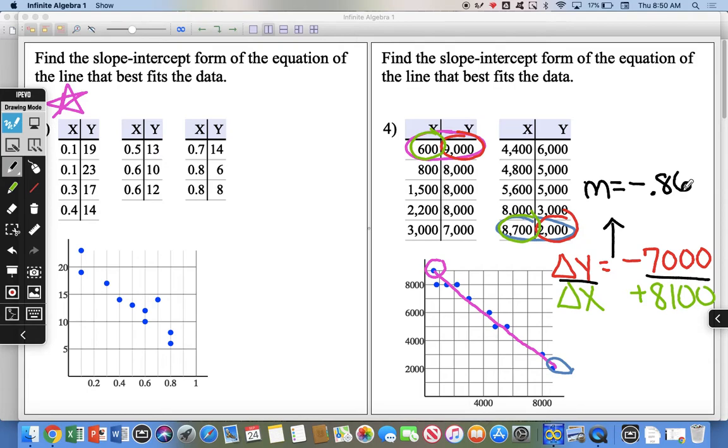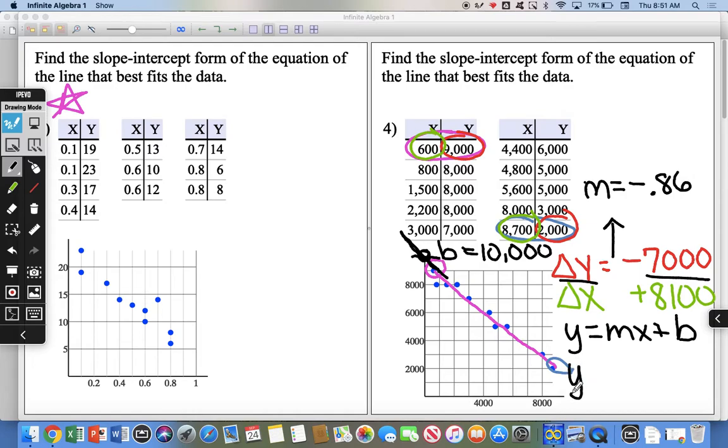Now, if we were to extend this line, so first of all, it's counting by thousands. They're only marking those, so this would be 9,000, this would be, so if we wanted to extend this graph, where does it appear that it would cross? Around 10,000. So our b value that we're going to use is close to 10,000, where it hits the y-axis. So we can write our equation. We are going to plug in our values for m and b.